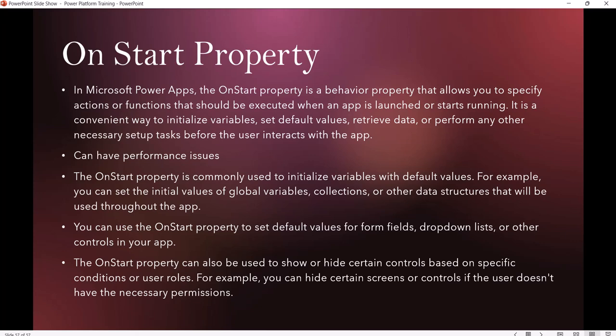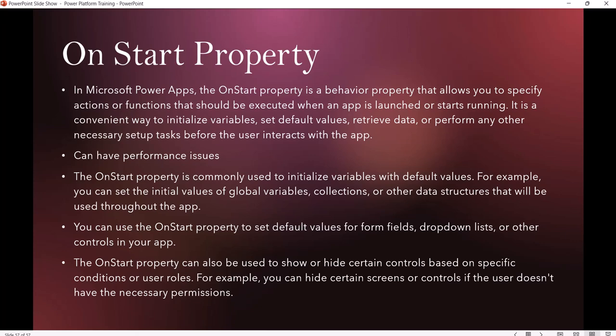Understand this: it will run once whenever we start the app. We basically use it for initializing variables, setting up default values, creating collections, or getting some data. These are the things which should be in place before you do other things. So this is the OnStart property.